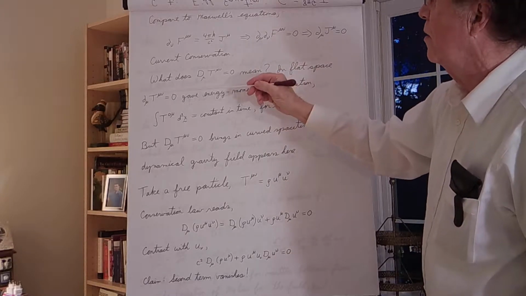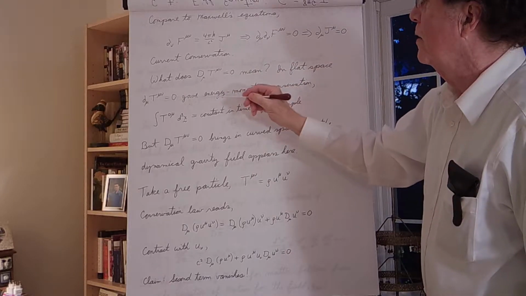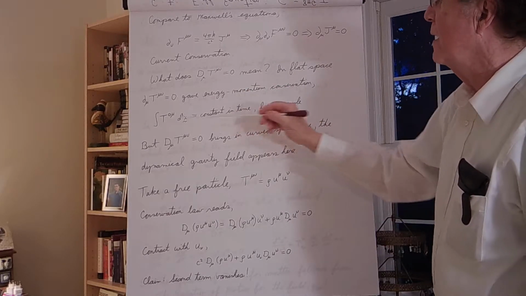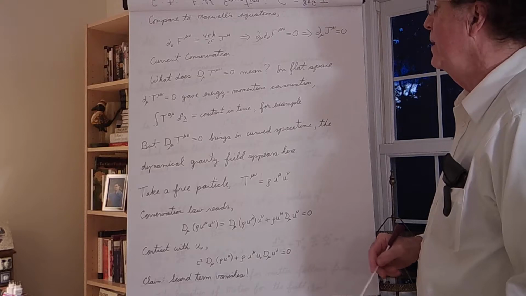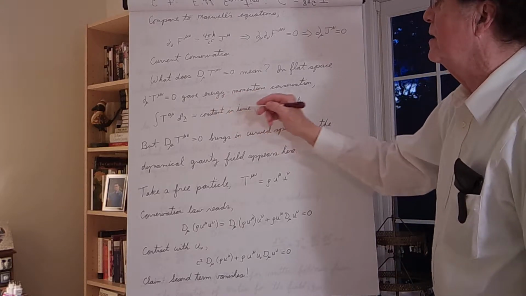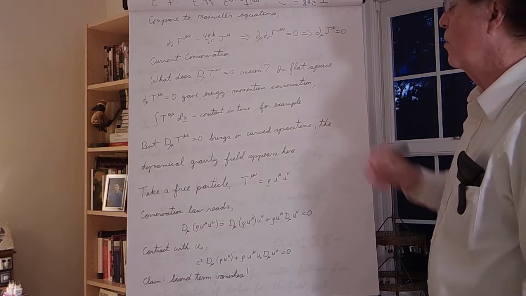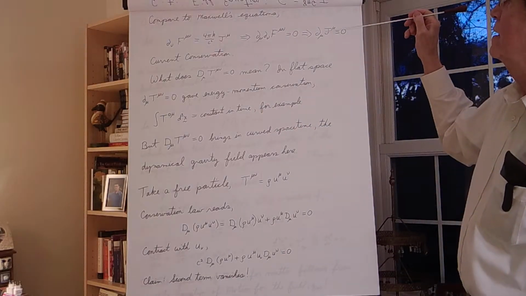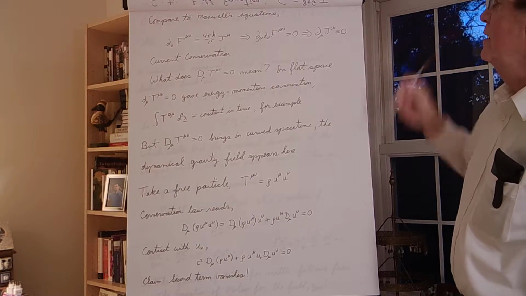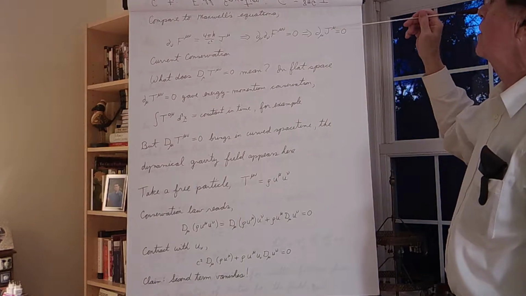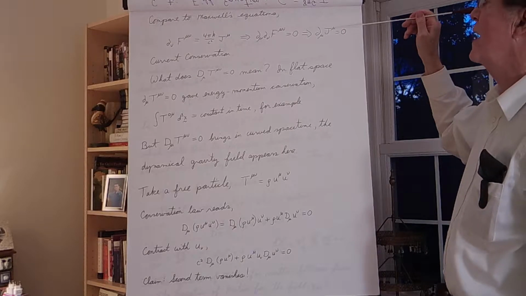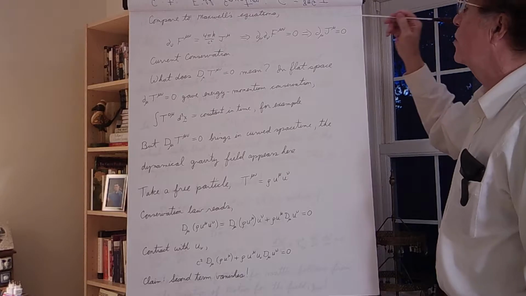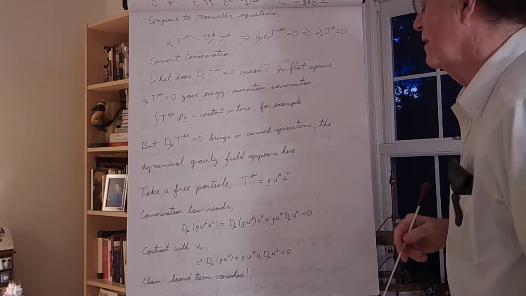We took T with one of the indices 0, the other index ranging from 0 to 3, integrated it over all of space at a particular moment, and then we learned that this quantity was constant in time. It's the same manipulation as going back here again and seeing that the integral over all of space of J0, the charge density, is constant in time. That's a consequence of this differential equation.